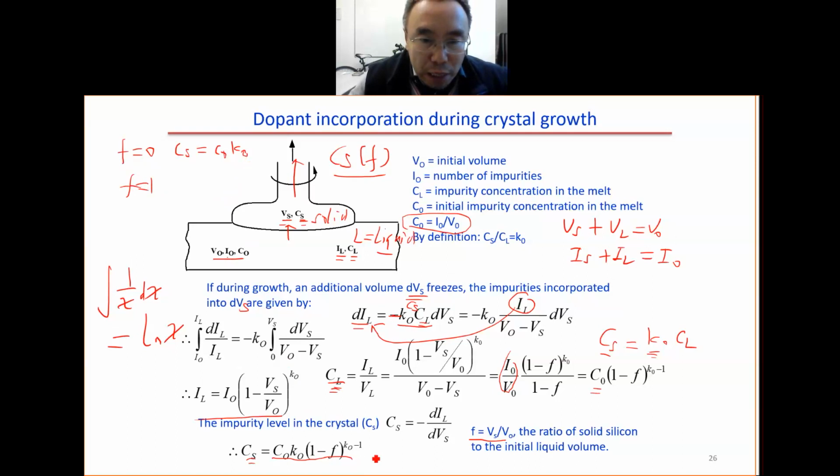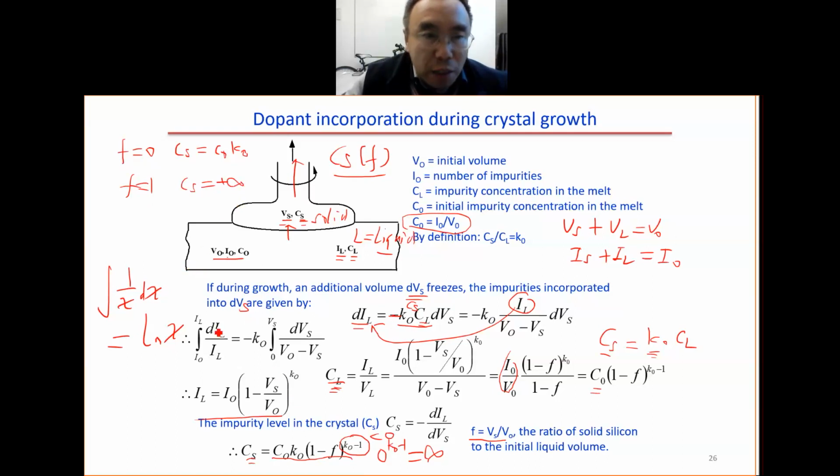This one equals infinity, because the value here is negative, less than 0. This K naught minus 1 is less than 0. So for F equal to 1, CS equals infinity.